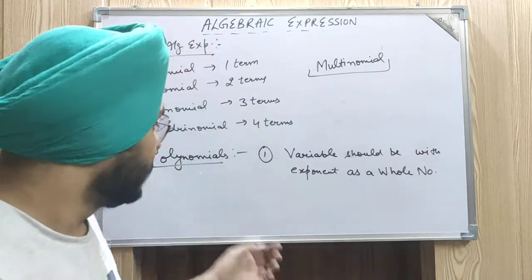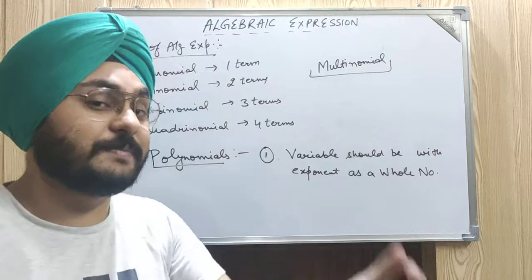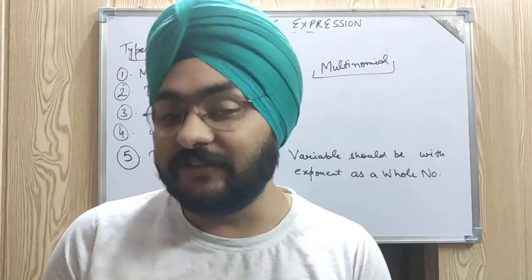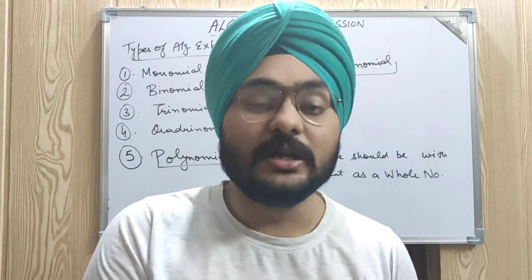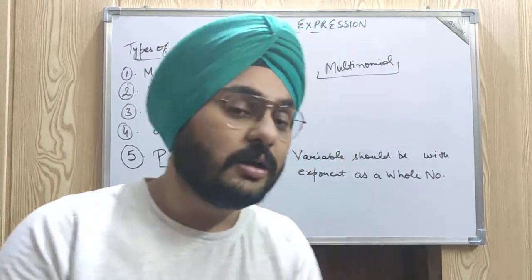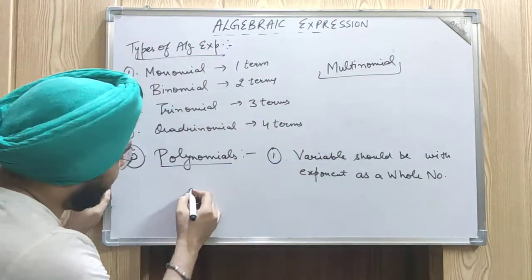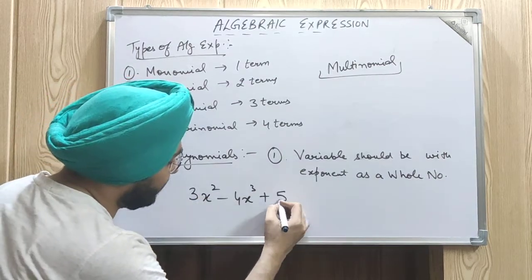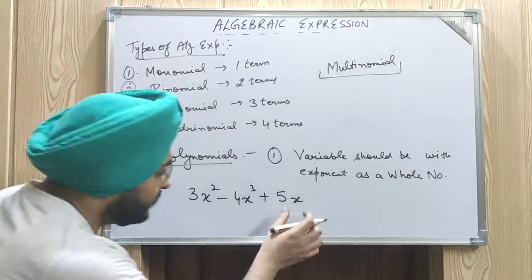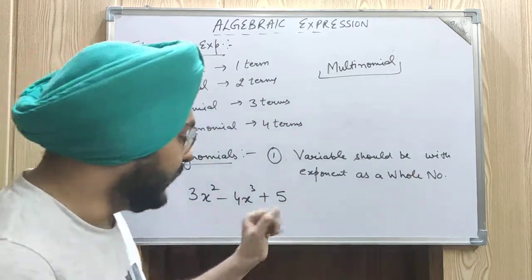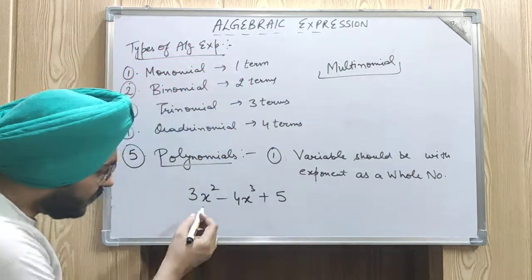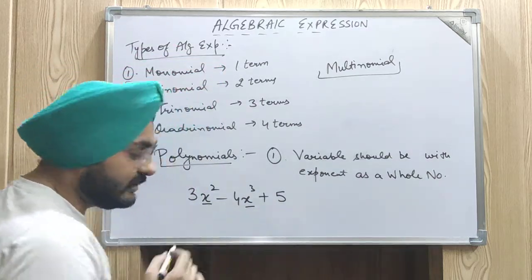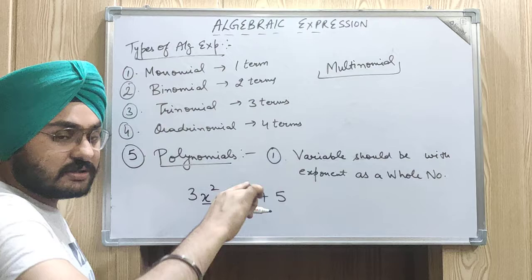But you should keep this in mind. Now, how to identify whether the given expression is a polynomial or not. See here, if we have 3x square minus 4x cube plus 5x, or simply x. Look at the variables only, and now see the powers, or the exponents.